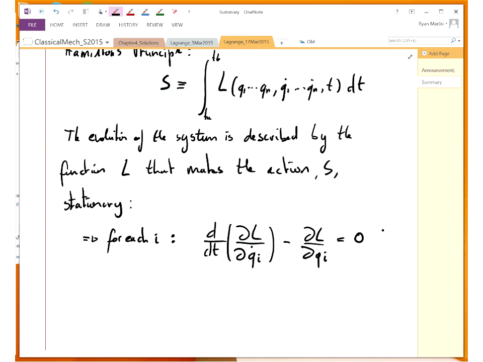Now from this very, very general approach, we asked ourselves, what could this function L possibly look like?